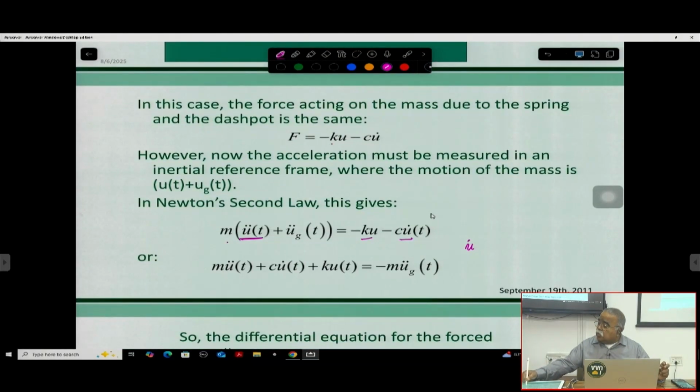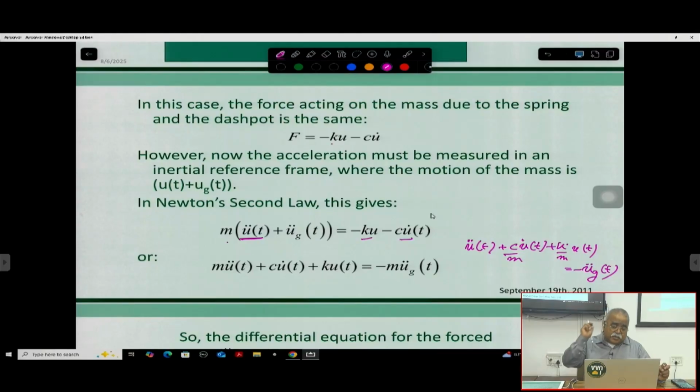So this is u double dot(t) plus C by M into u dot(t) plus K by M into u(t) equals minus ug double dot(t), right?